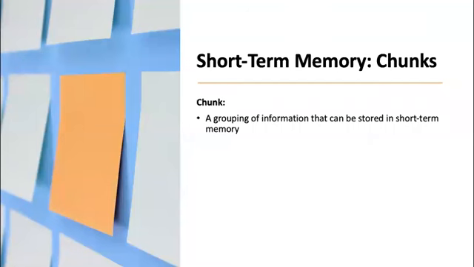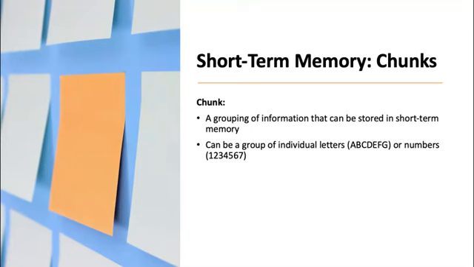So this can be a group of individual letters or numbers. And like I said before, it's plus or minus 2 from 7. So that's the number that theorists are saying we can remember with our short-term memory, anywhere from 5 to 9 letters or digits or chunks. Okay.